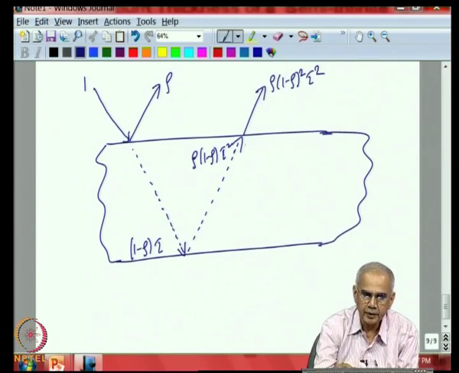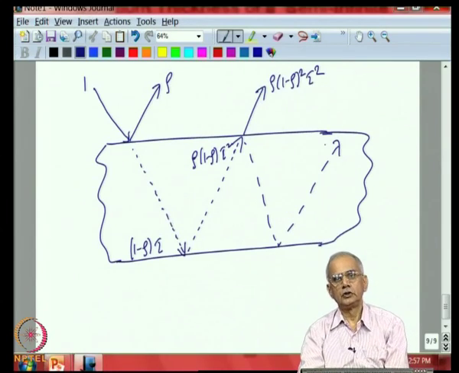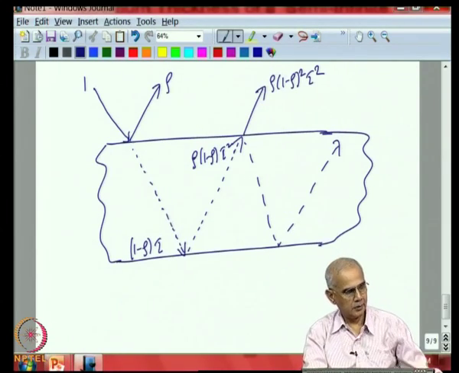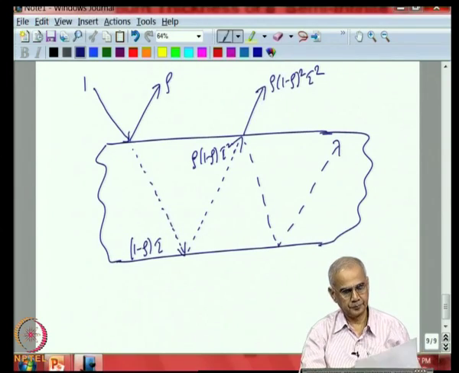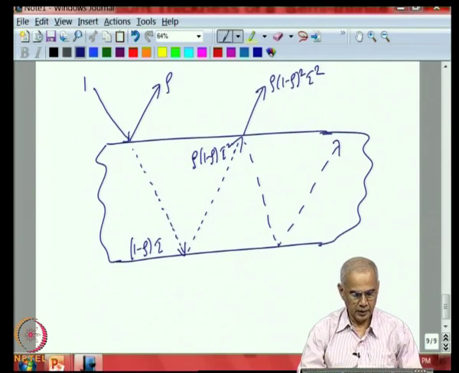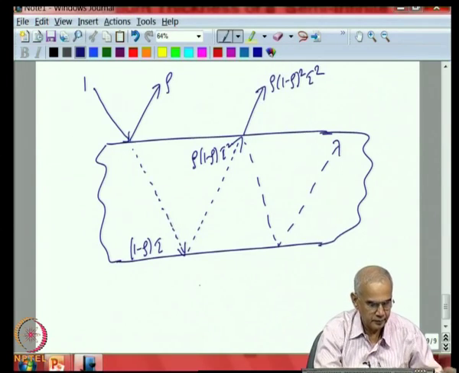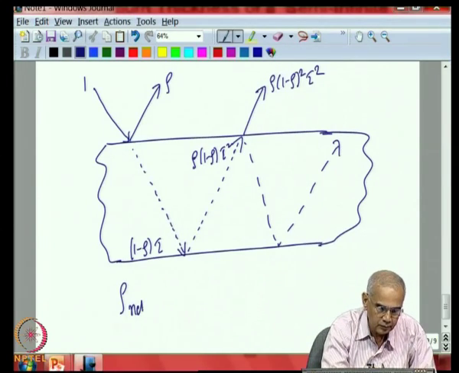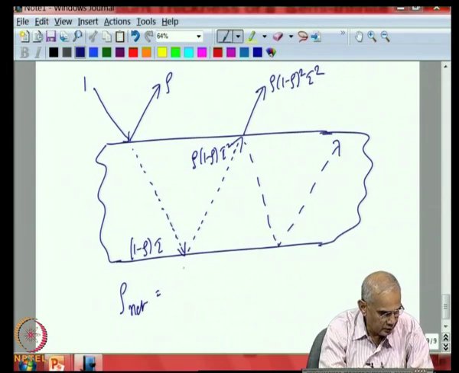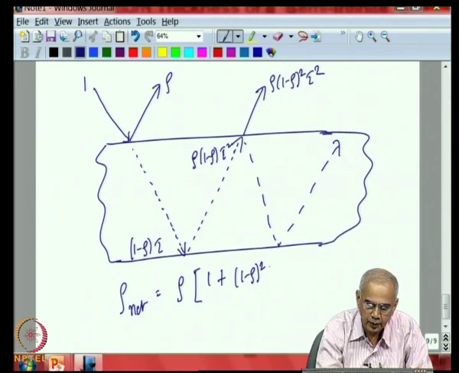Now, this can be repeated many times. So, we have an infinite series of reflection terms, and the expression for the net reflectivity of all these comes as rho, the first term, and the common term here is (1 minus rho) squared tau squared.